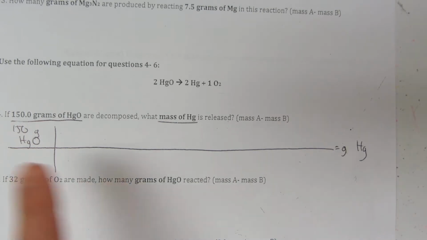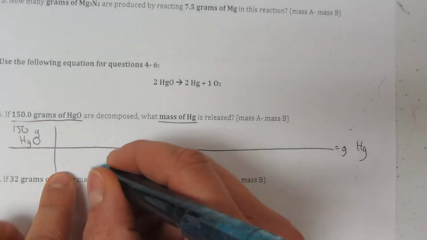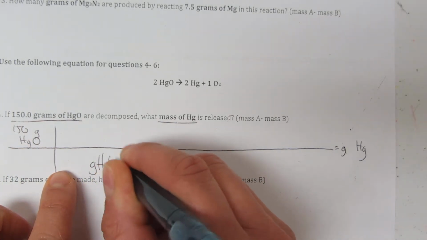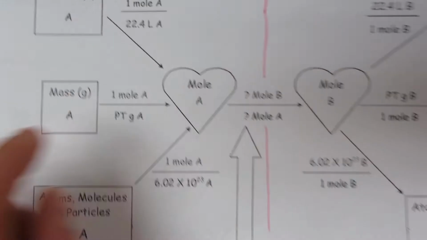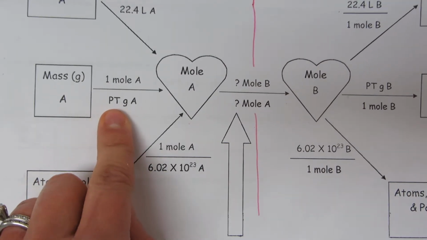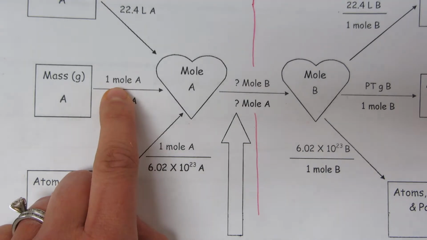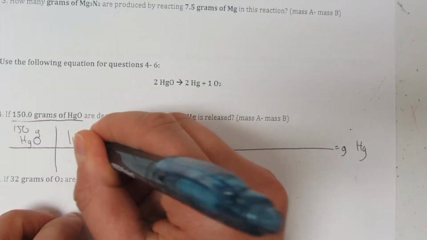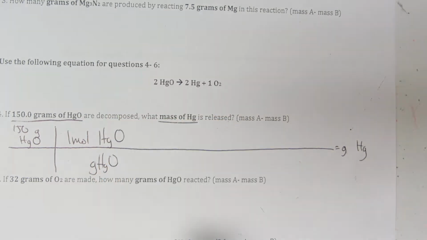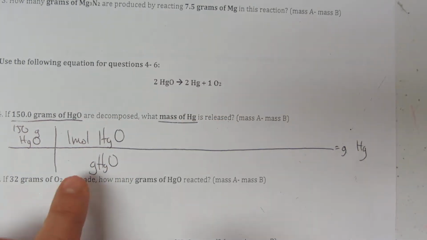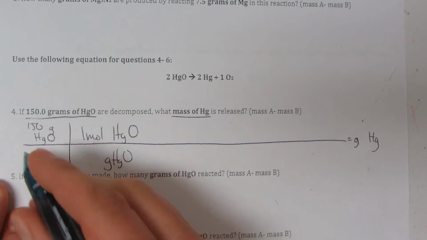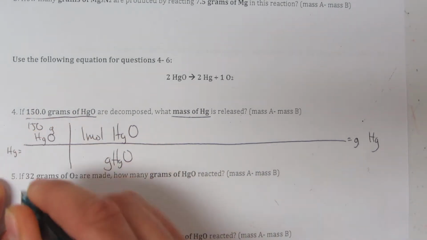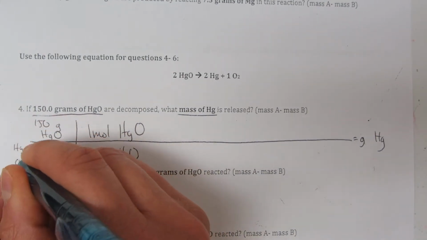So here, if I have grams on top, I need to cancel them out. Put grams HgO on the bottom. So this is going to be the molar mass. Look at the periodic table, and that's for every 1 mole of that same substance, HgO. So to do the molar mass, this is where we separate the compound into its elements. So we've got mercury and we've got oxygen.